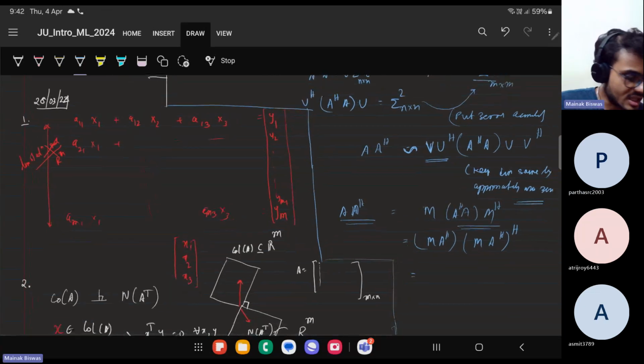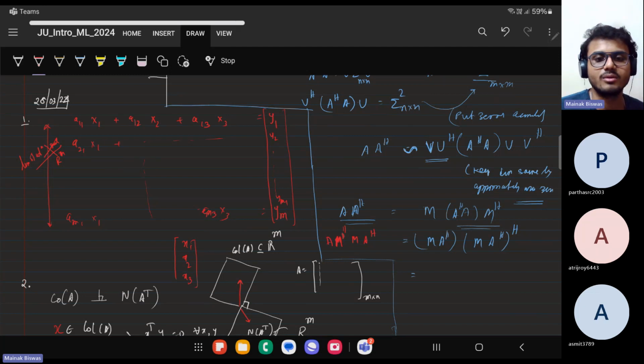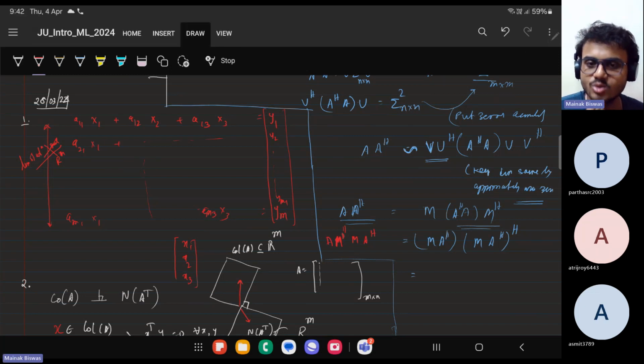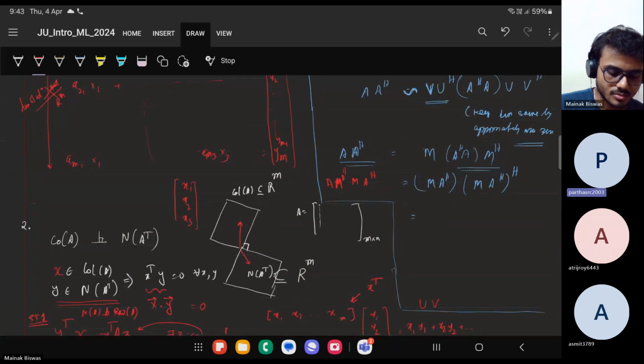Which is also, so this left hand side is also equal to what? A M Hermitian, M, A Hermitian. Do you agree? These are unitary matrices. Product of unitary matrices is always unitary, right? Yes. UV Hermitian, V Hermitian U Hermitian.